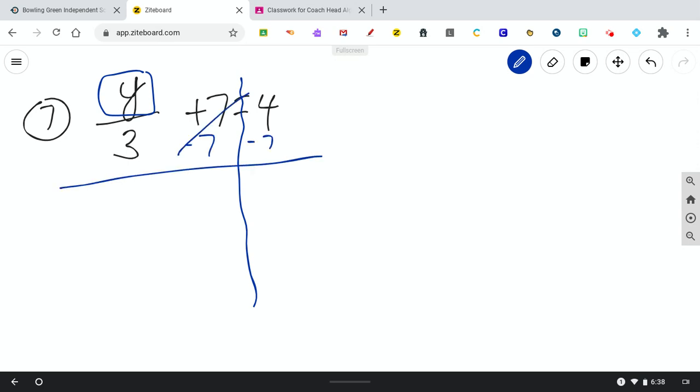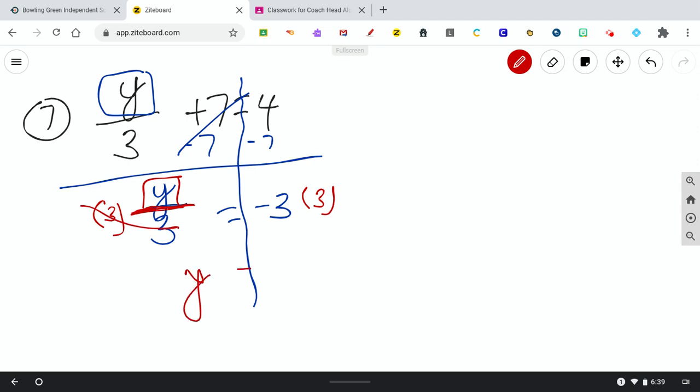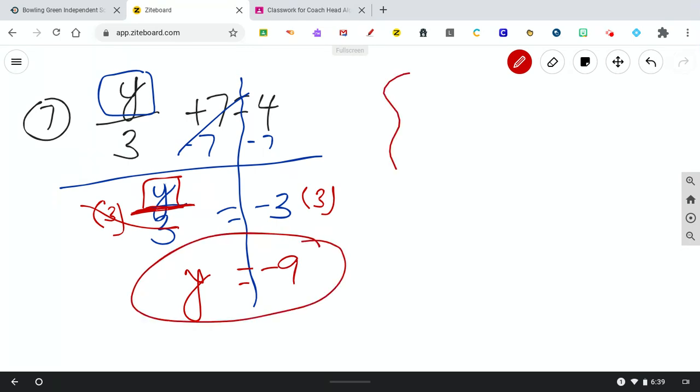Subtract 7. y over 3 equals negative 3 because 4 minus 7 is negative 3. And then again, I'm trying to get y by itself. This means divide. So the opposite of divide is to multiply. That cancels. I get y equals negative 3 times 3 is negative 9. So y equals negative 9.